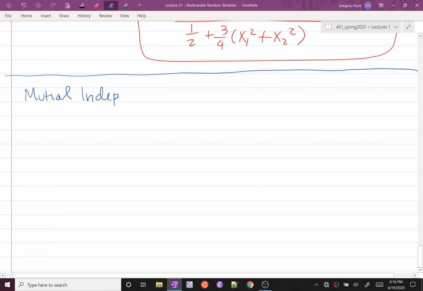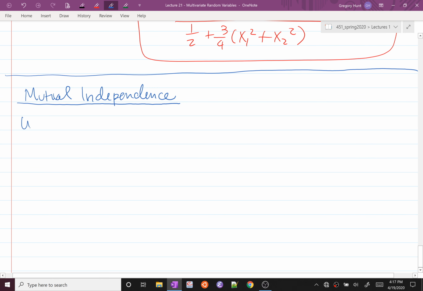The first is mutual independence. So as we saw with events, we talked about independence of events, and then we talked about independence of multiple events. We call it mutual independence. You can have mutual independence of random variables.